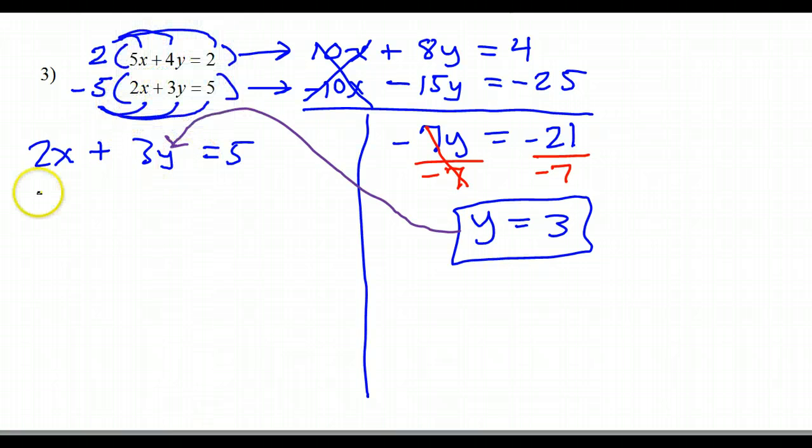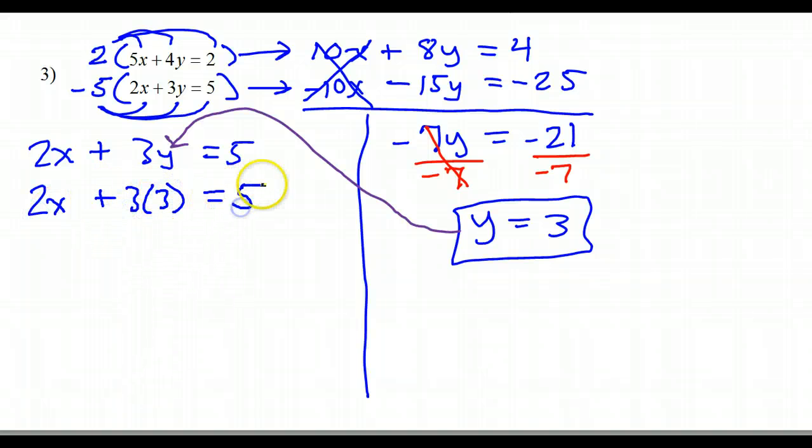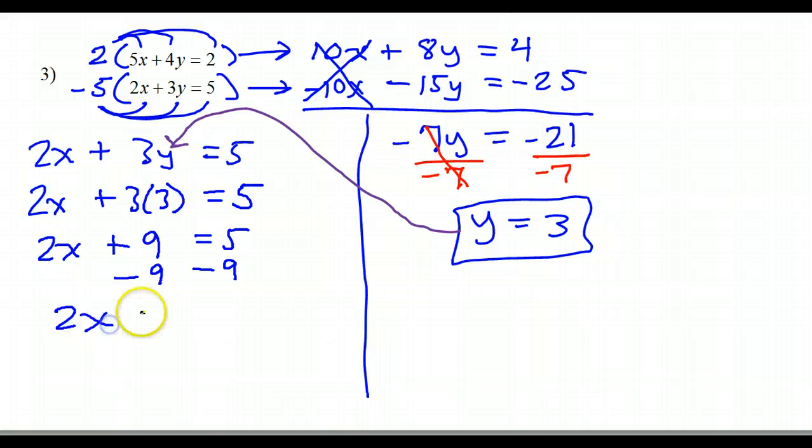Okay, so this is going to become 2x plus 3 times 3 is equal to 5. So that's 2x plus 9 is equal to 5. Subtract 9 from both sides. So that will give us 2x is equal to -4.